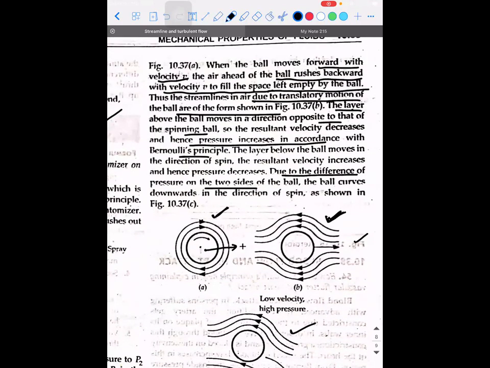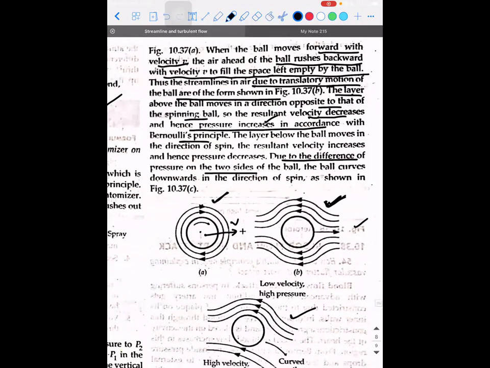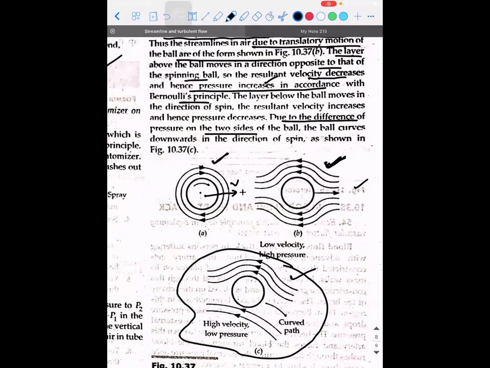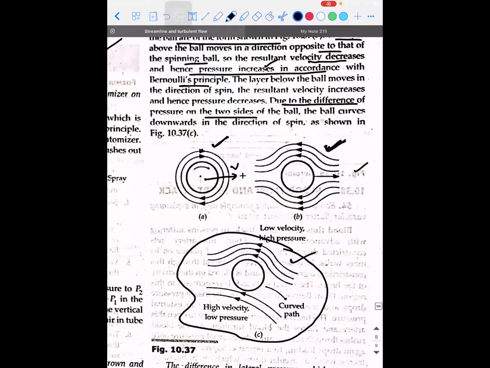When the ball is trying to travel forwards, a streamline is formed surrounding the ball in this kind of a format, as a result of which the velocity will decrease because of the viscosity and the pressure will increase accordingly. When these two things are happening, the ball will start attaining a path like this. This is what you need to write. There is no mathematical expression or anything. You can just read it. If you have a doubt, you can approach.